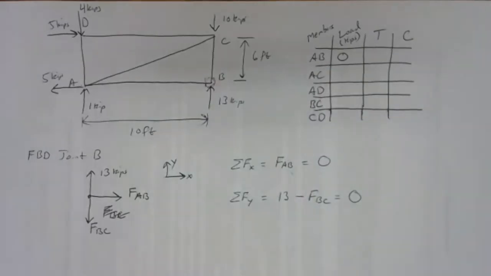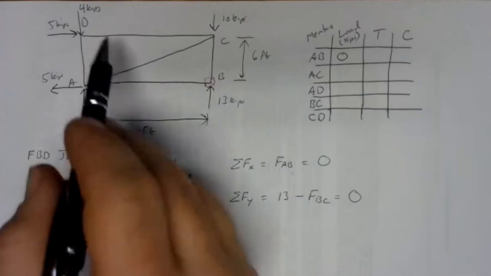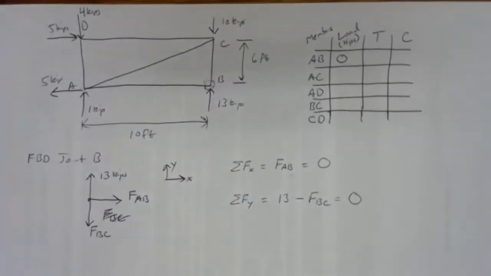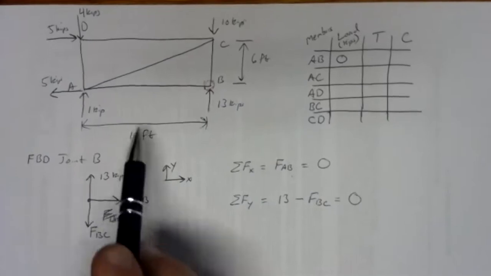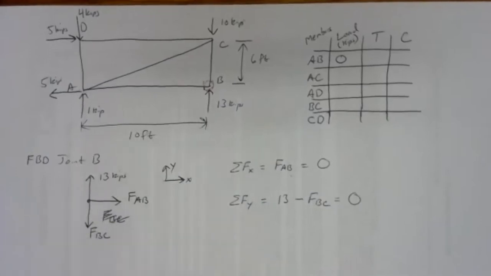And that might be true if this is the only kind of loading you can possibly have on it. But if the loading's a little different, if there are different loads in different places, that member might carry something. So you can't just cut it out because one loading shows that it's unloaded.